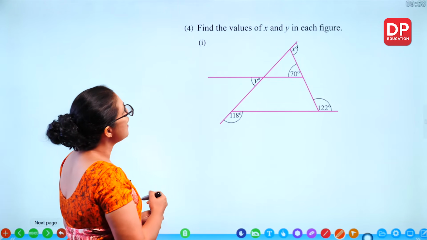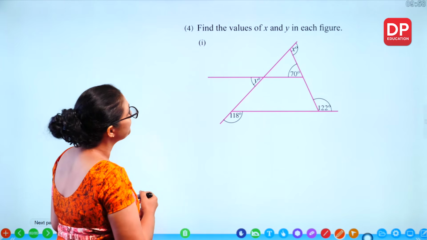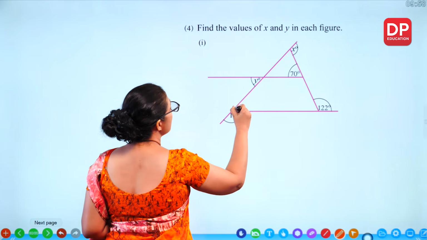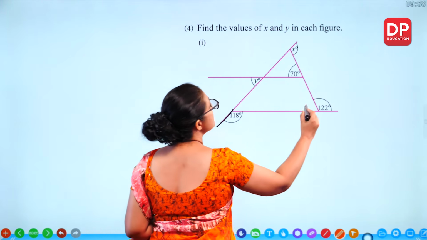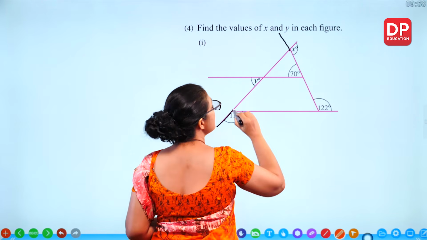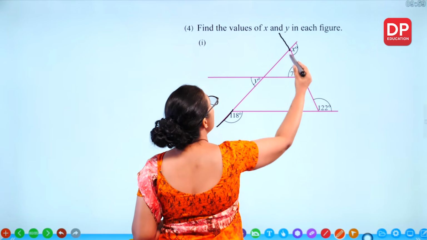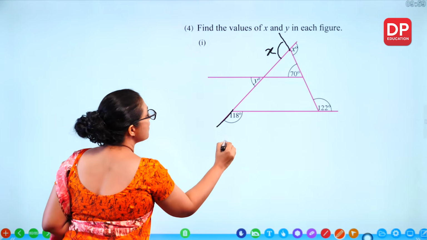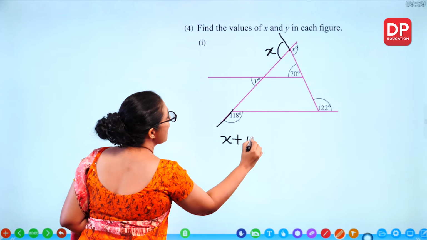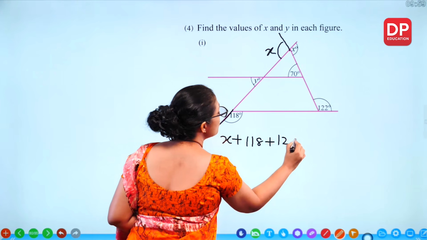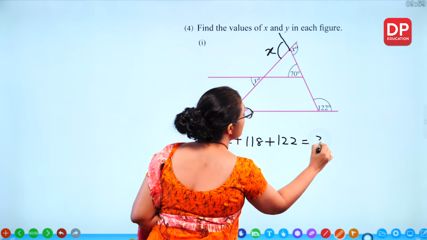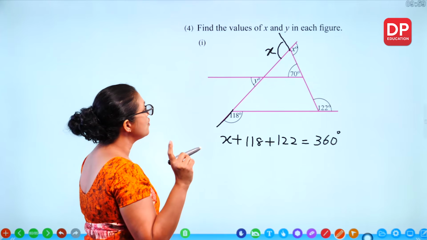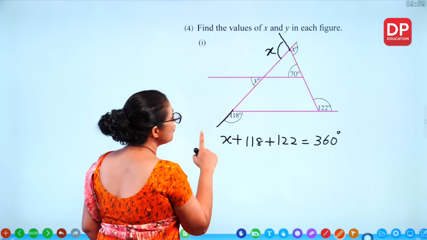Question number 4. Find the values of X and Y in each figure. Now here, when you take the big triangle, this is extended and you get this angle. And here when you extend this line, 122, and this angle is the other exterior angle, that's X. So you can find X plus 118 plus 122 is equal to 360, because the sum of exterior angles add up to 360 in this triangle.